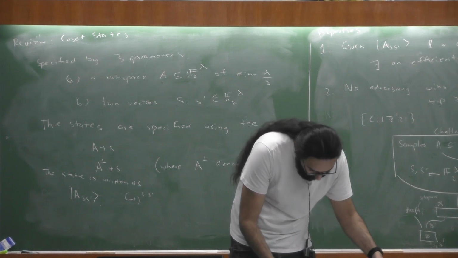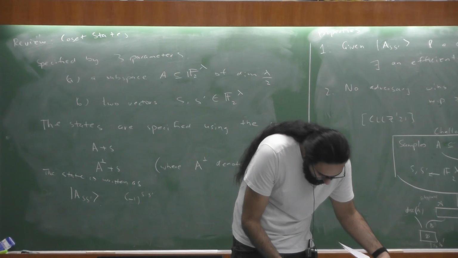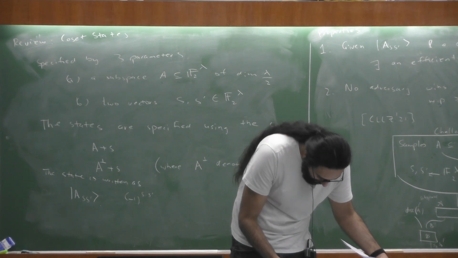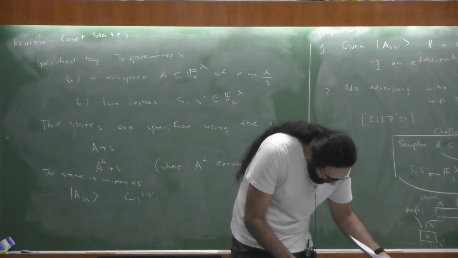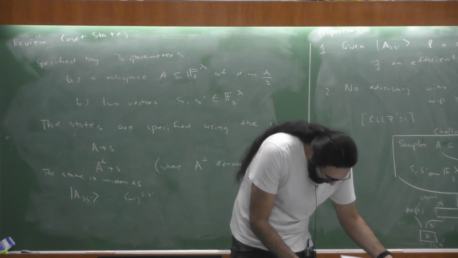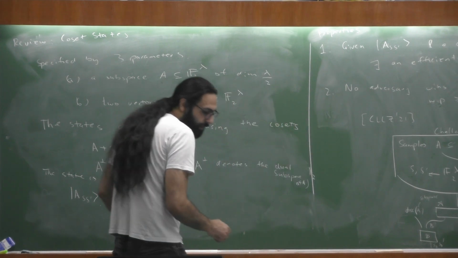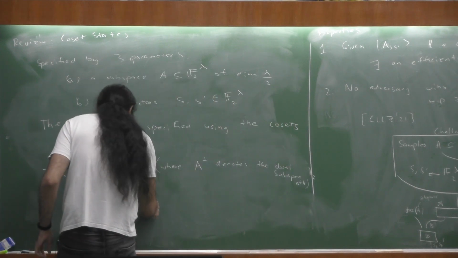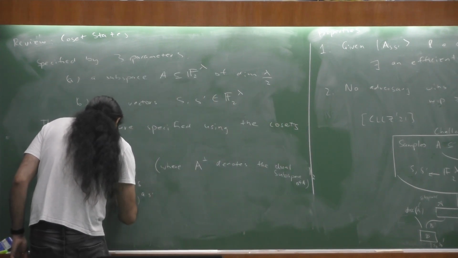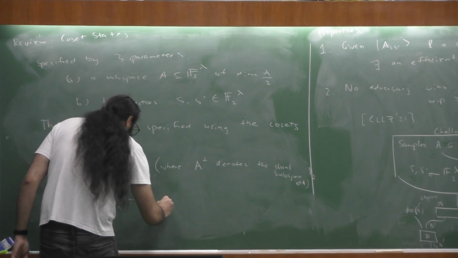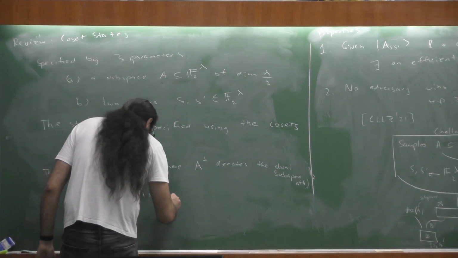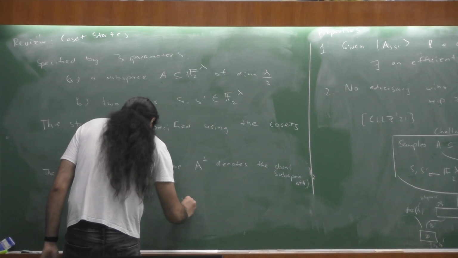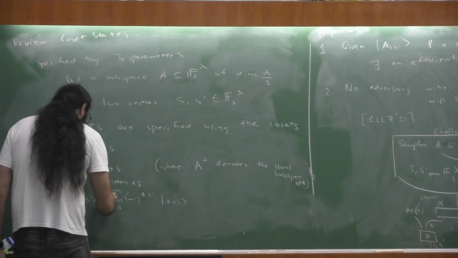Page 67. Ah, yeah, okay. So it's sum over A, and I mean you don't need the definition actually to understand, but let me just give it to you. It's A plus S. Okay, and then there's whatever normalization.